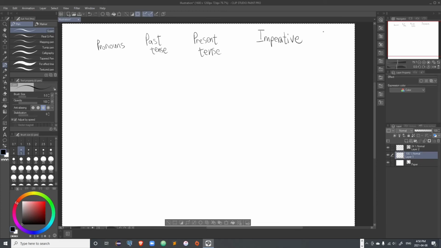For the future tense, actually we will discuss the future tense after we finish with this table here to make it easier. Because the future tense, at least one of the forms of the future tense, is an extra word to the present tense.